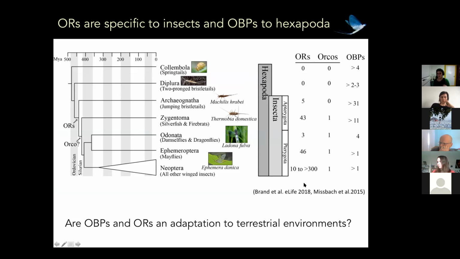So those are innovations of these two lineages, and it has been suggested that these two gene families appear as an adaptation to terrestrial environments. Crustaceans don't have them, so they live in the water, and when insects conquered the land, as an adaptation, they evolved these two new gene families.